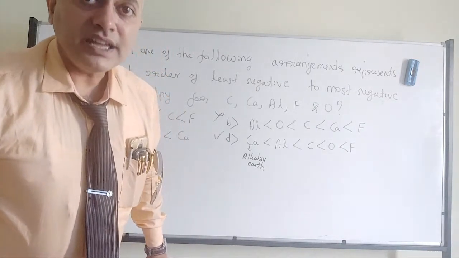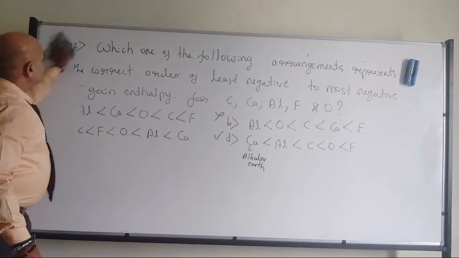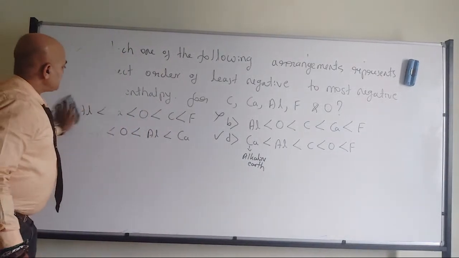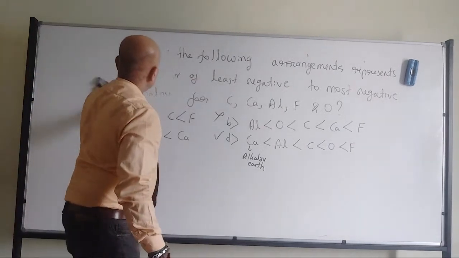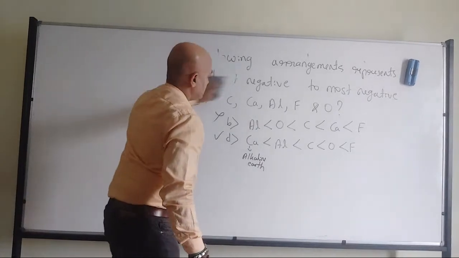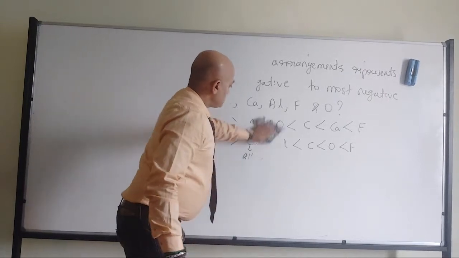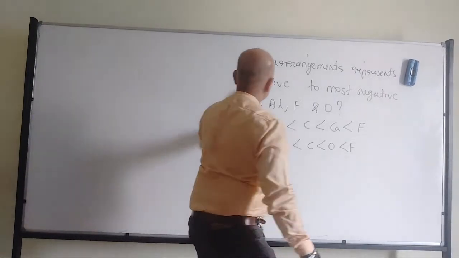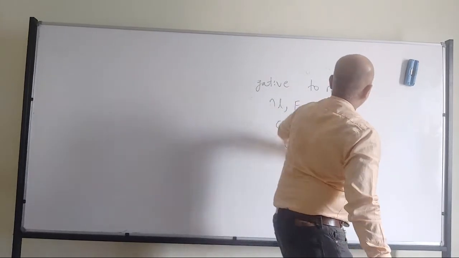Therefore, since calcium is an alkaline earth metal, it has to be in the first place, where the least energy will be released. So no need for a second thought, and no need to waste time. Since calcium is first in option D, that should be the answer.